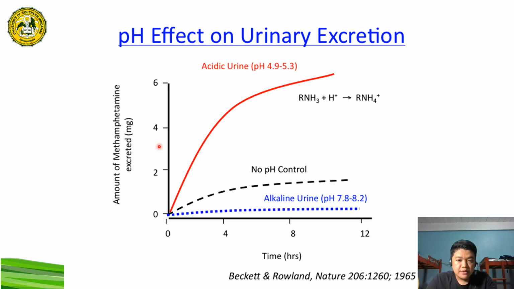This y-axis here represents the amount of methamphetamine that is excreted in the drug in milligrams. This x-axis here represents the time course. So this is 4 hours, 8 hours, and 12 hours. Methamphetamine is considered to be a weak base drug.